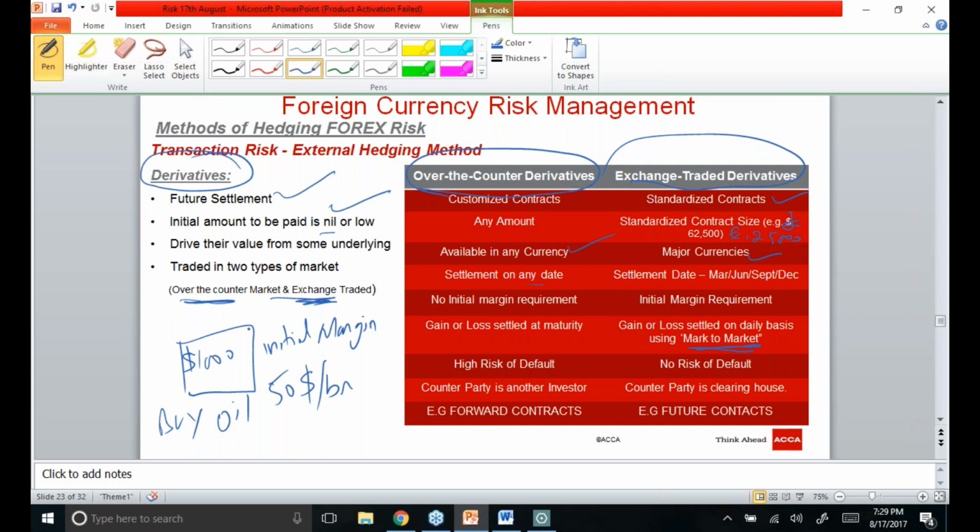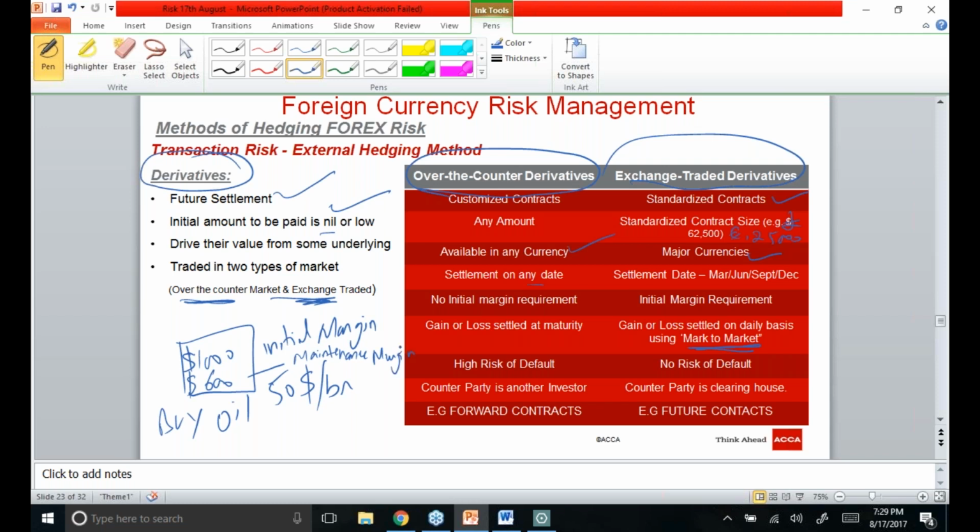default here. And let's suppose you are continuously facing loss and your account has go down to as low as $600. There is another level at $600. It's a maintenance margin.